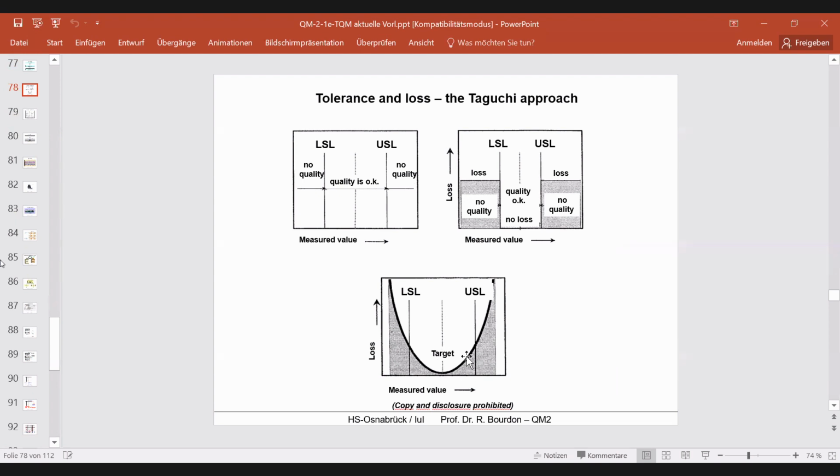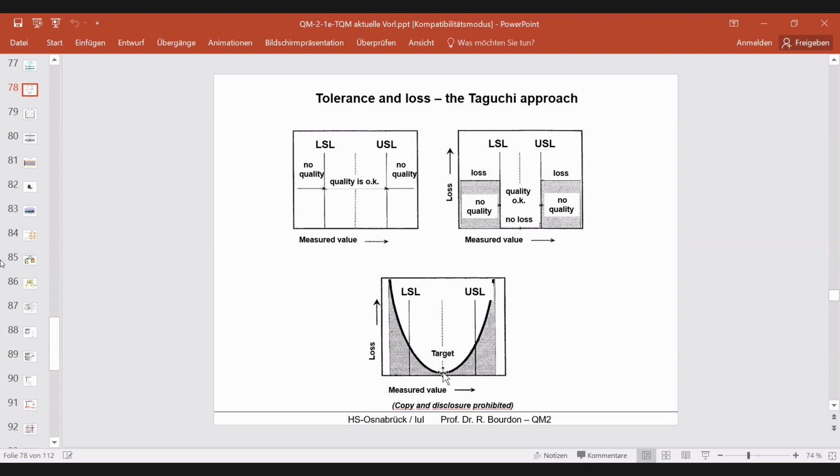So the probability that a TV set is going defect after 5 years and not after 10 or 15 years, the probability is the higher the distance is away from the target here.